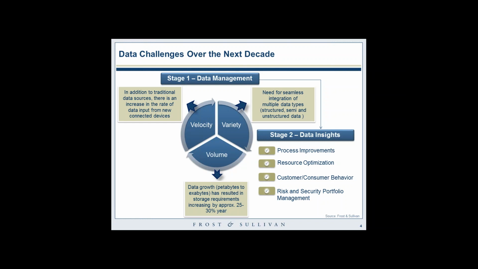Second, we have resource optimization, where the data can be used for applications such as inventory management, proactive maintenance, workforce availability and allocation, and so on. The third, we have customer and consumer behavior, where data can be used for service improvements, optimizing product pricing, key purchasing characteristics, and market-related activities. And finally, we have risk and security portfolio management, where data can be used for product safety, fraud detection, protection of IP, and so on.